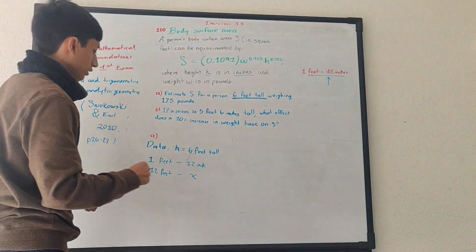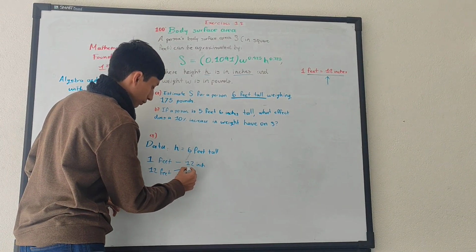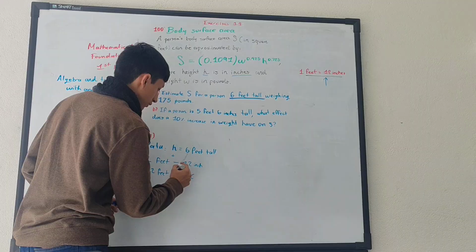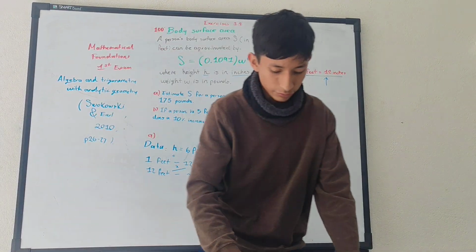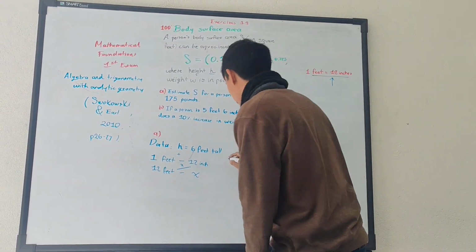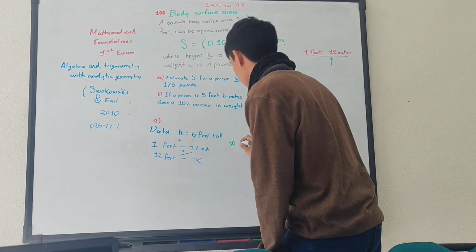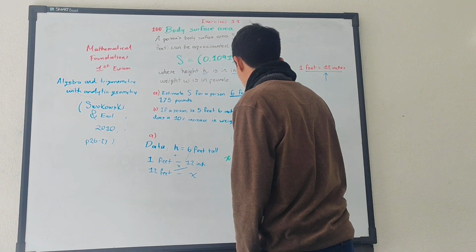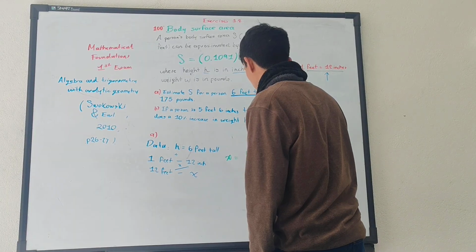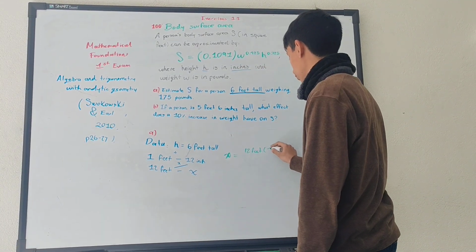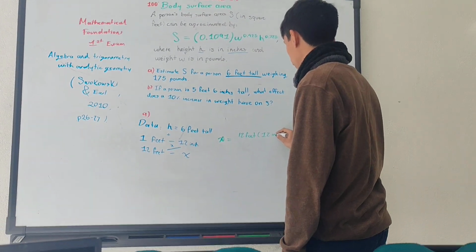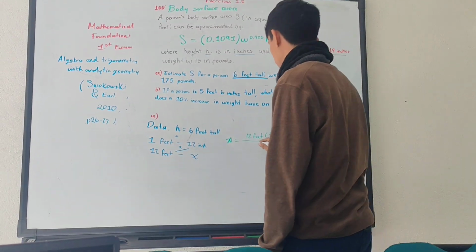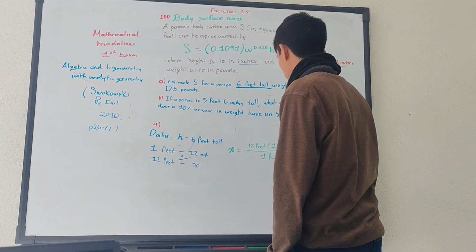We can make a little rule to multiply by this and after that divide. So x will be equal to 6 feet times 12 inches over 1 foot.